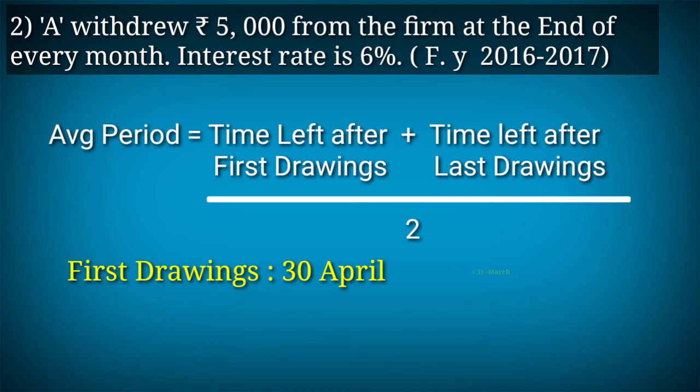So, 30th April to 31st March. How many months left after this first drawing? April 30th is completed. Then, May 30th, June, July, August, September, October, November, December, January, February, March. 11 months. So number of months left after first drawings is 11.